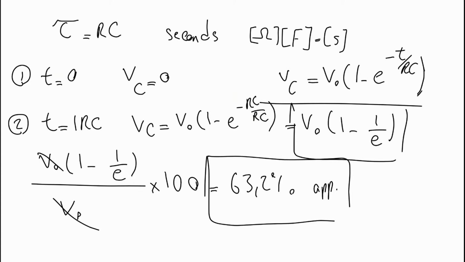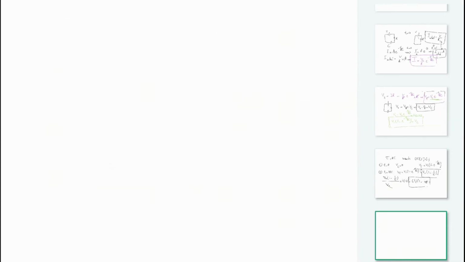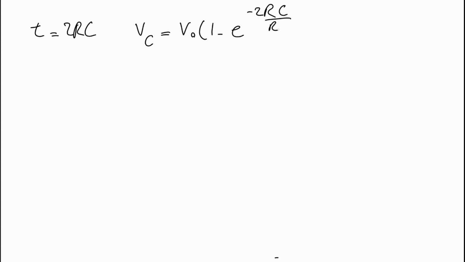So let's see how much of the voltage is across the capacitor after two time constants. So at t equals 2RC, the voltage of the capacitor is V0 times 1 minus e to the minus 2RC over RC. Again, we would calculate the ratio.